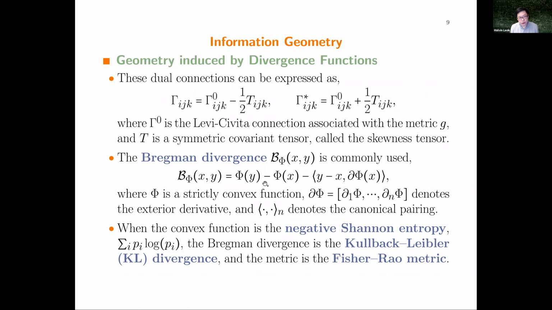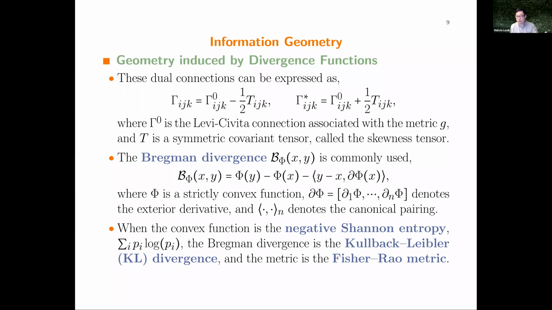Okay, anyhow, so you can write these dual connections as something involving the Levi-Civita connection and something which is a shift by T, which is called the skewness tensor, which is a symmetric covariant tensor. All right. And the reason why I tell you this is because what I'm going to talk about later on is an inverse problem.